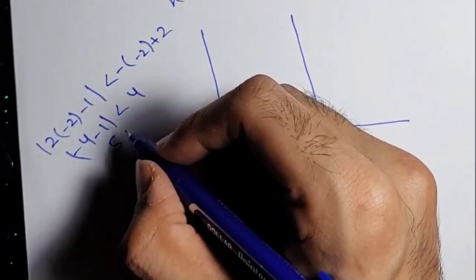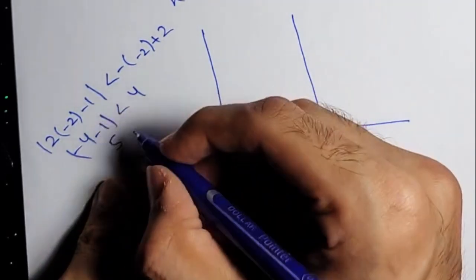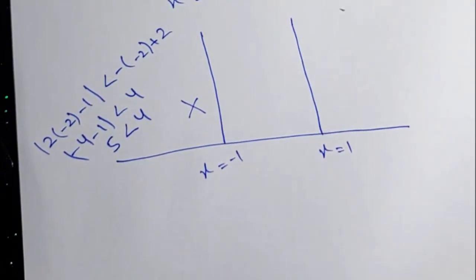So 5, because anything inside the modulus will come out as positive. So 5 and 4, this does not satisfy this inequality.